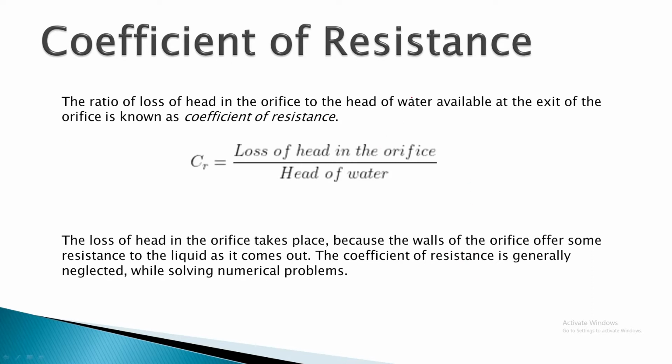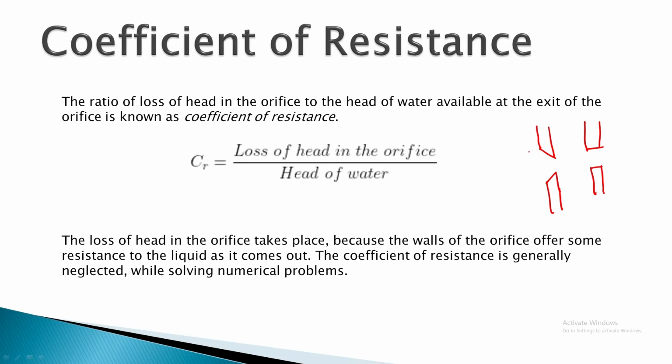Now the last one is the coefficient of resistance, which is denoted by the ratio of loss of head in the orifice to the head of water. Loss of head generally occurs in the case of a bell mouth orifice, where the shape is slightly like this, and the square type.